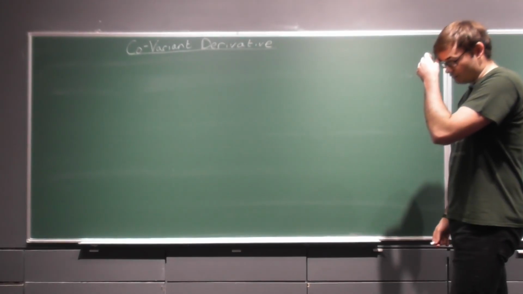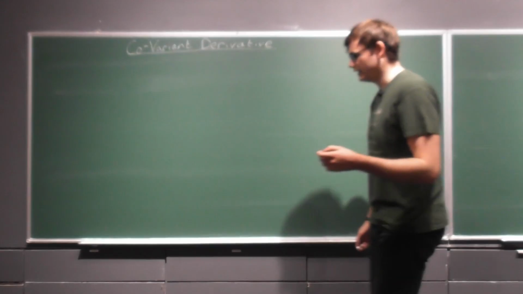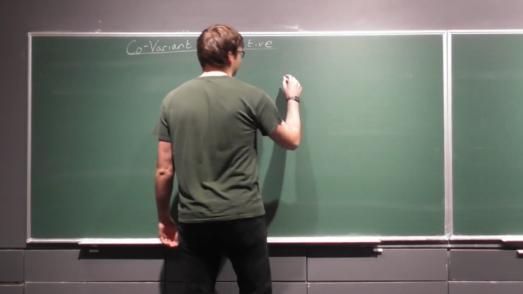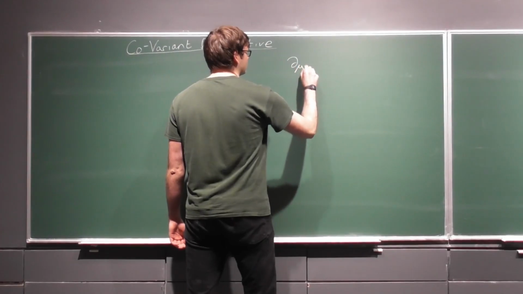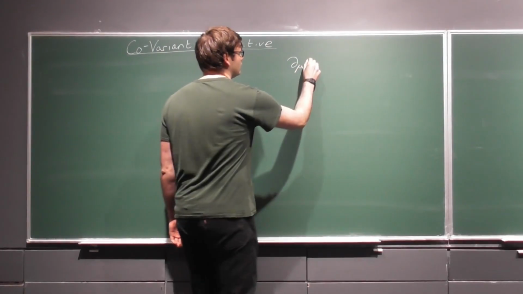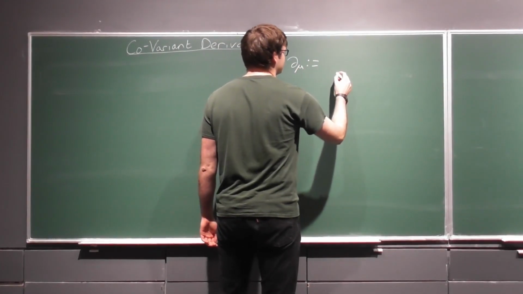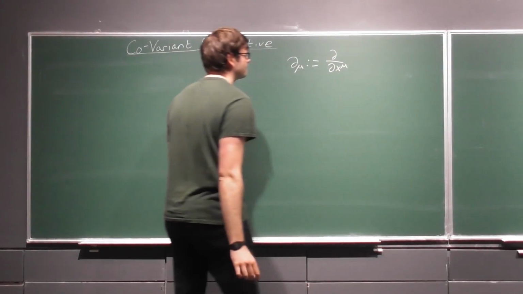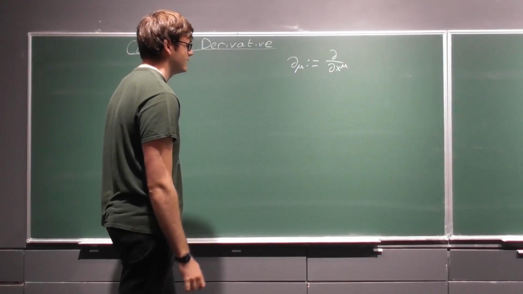Okay, so if we want to do this, we can stick with our index notation so far if we define the following. So this partial with a lower mu, we're going to define to be the partial derivative with respect to x mu. So this then makes it like a vector.